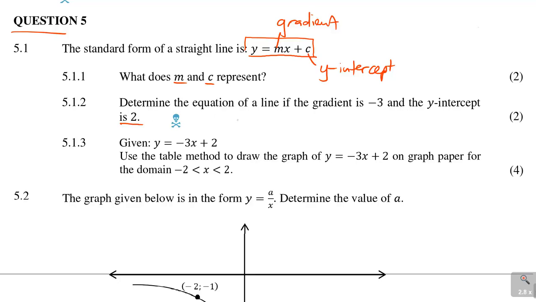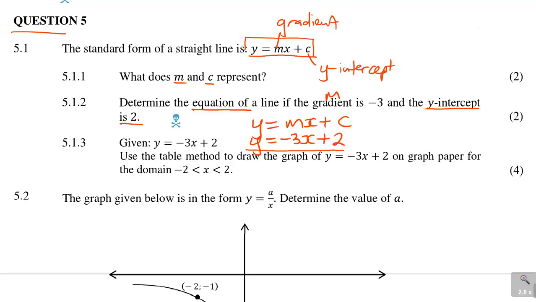So remember, the equation of a line is y is mx plus c. Gradient is m, so where there is m I put 3x, and the y-intercept, which is that c, is 2, which gives y is equal to 3x plus 2.